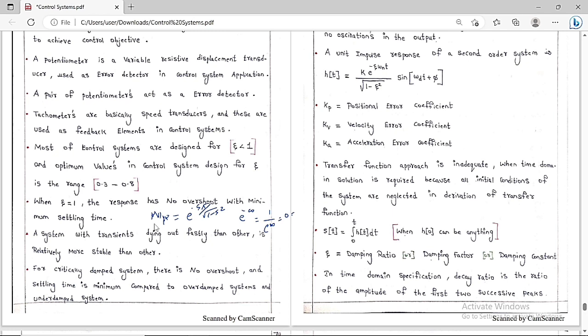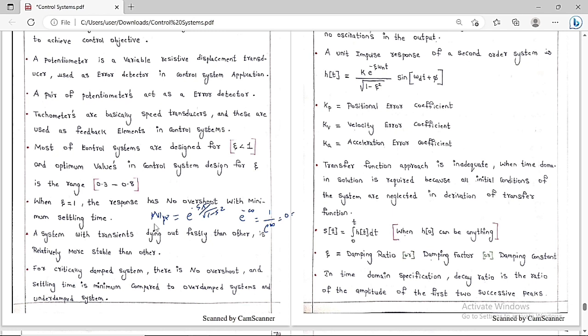For the first system the transients are dying very fast, but for the second system the transients are dying slower. From this we can say the first one is more stable compared to the second one, because whichever system's transients die faster is said to be more stable.